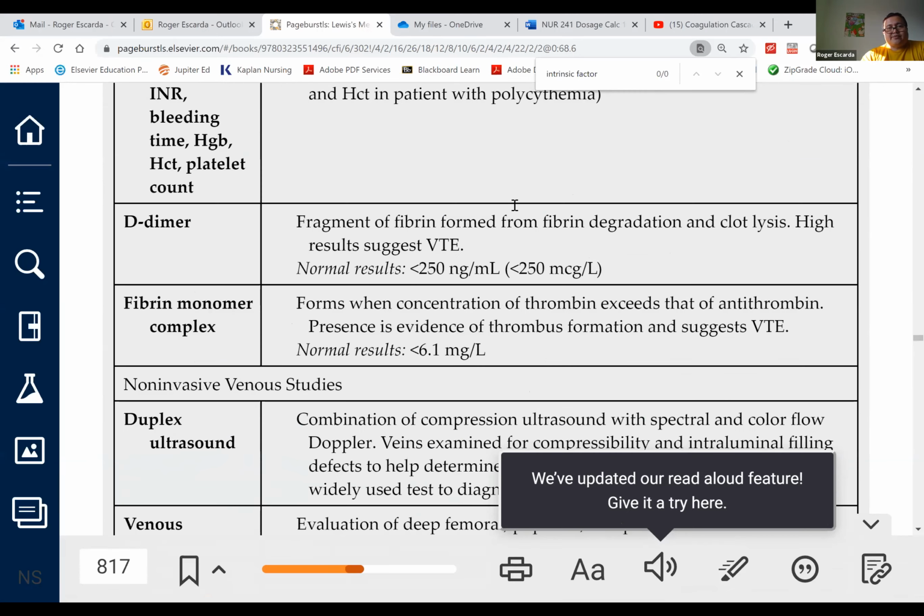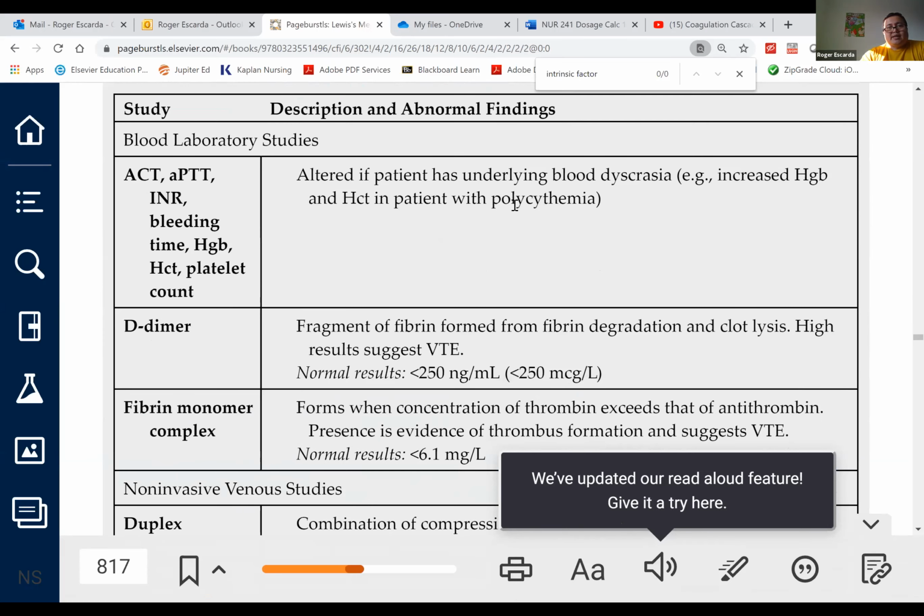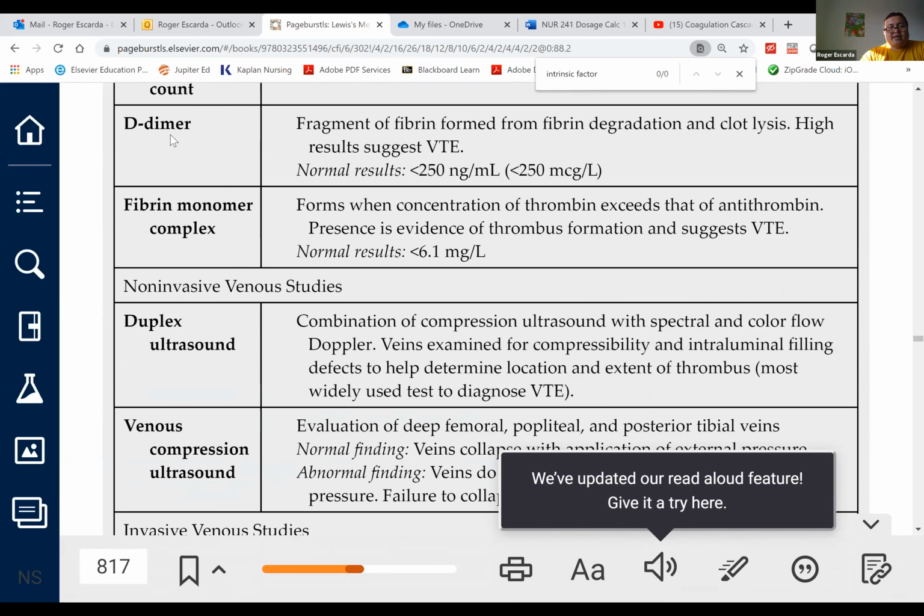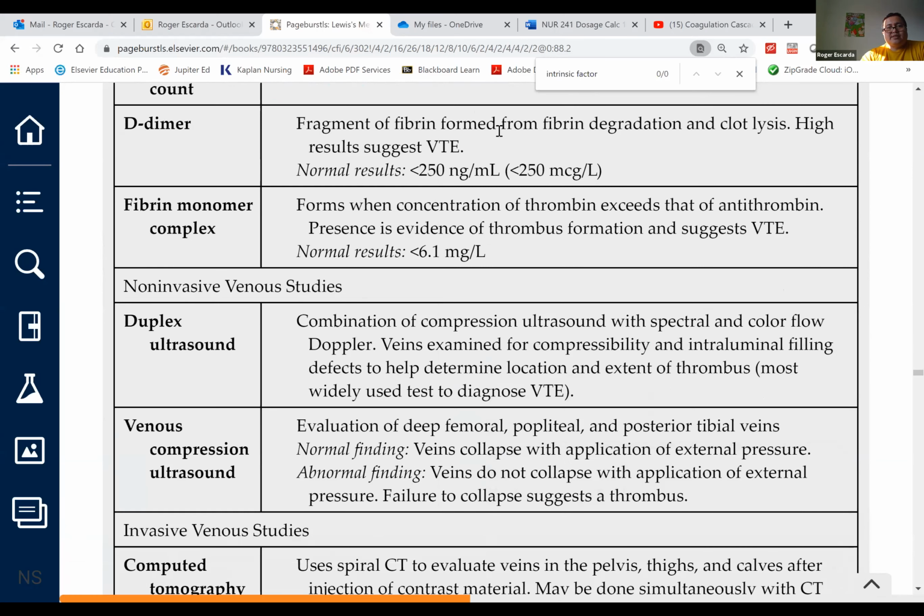Before I forget this part here. So here's the D-dimer. Again, can you make a diagnosis of a DVT based on the D-dimer only? No, Professor, just an indication. Right, this will just suggest it.